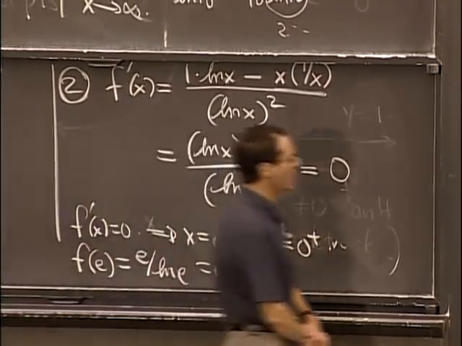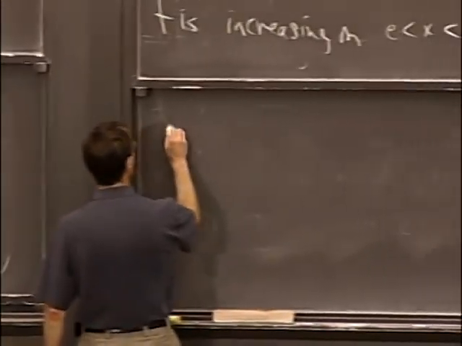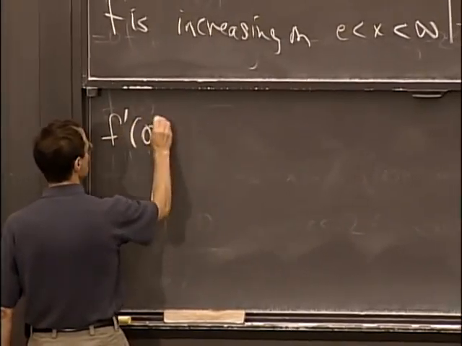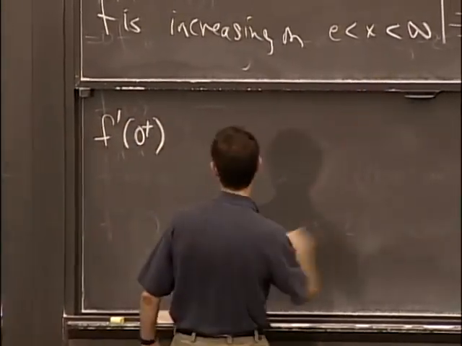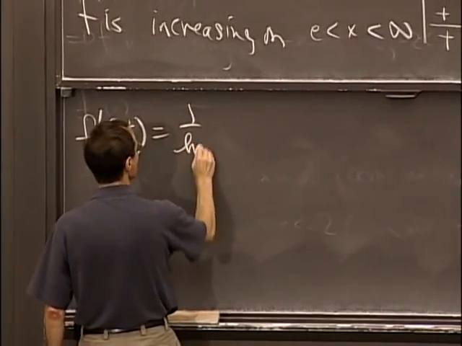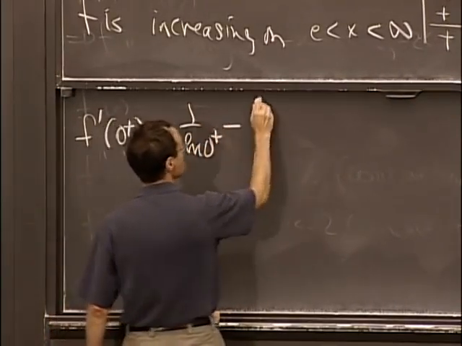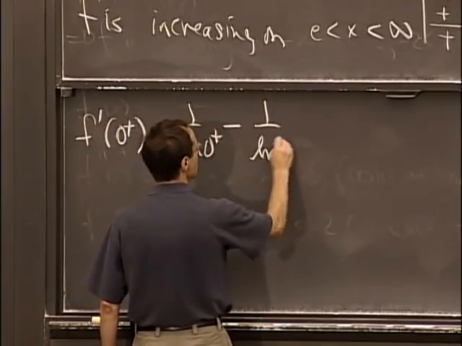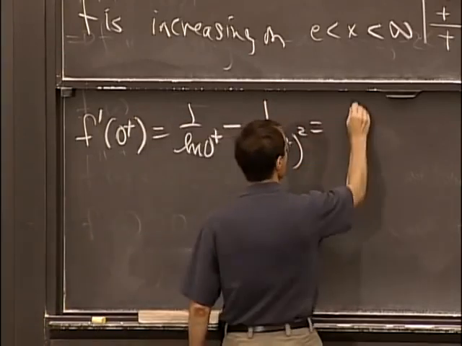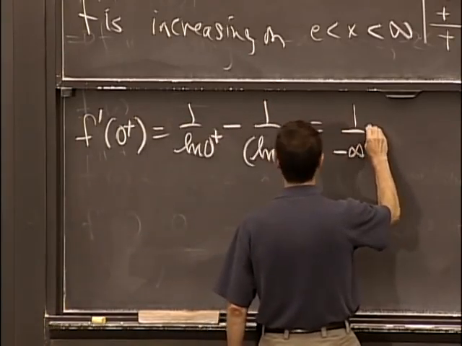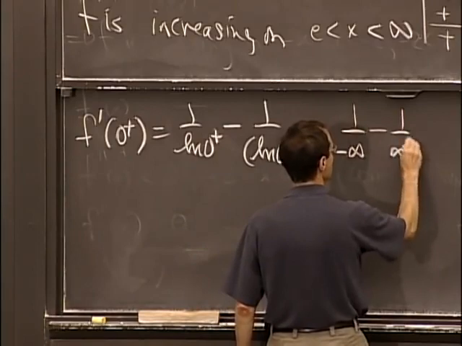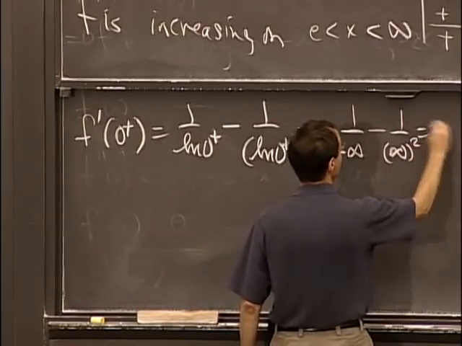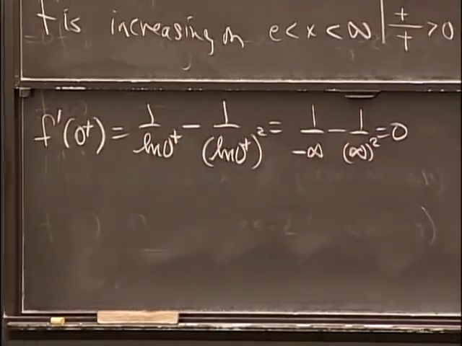All right, let me just emphasize that again. If you evaluate using this other formula over here, this is 1 over log 0 plus minus 1 over log 0 plus squared. That's 1 over minus infinity minus 1 over infinity, if you like, squared. Anyway, it's 0. All right?